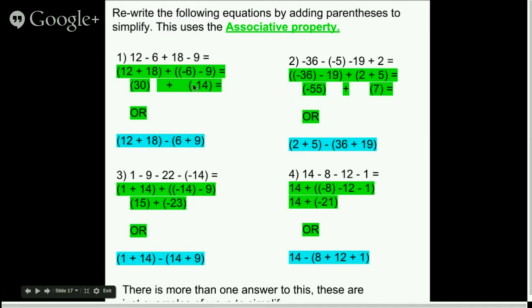So you can group these together, which is convenient because you can turn it into this blue one. So minus 6 plus 9. So you do this and this is just addition. Then you only have one subtraction problem. And there's more than one answer, so if you didn't get exactly what I got, yours could still be correct as long as it equals the same number.